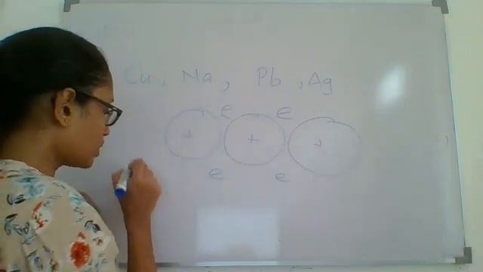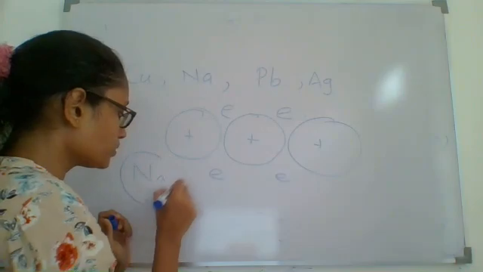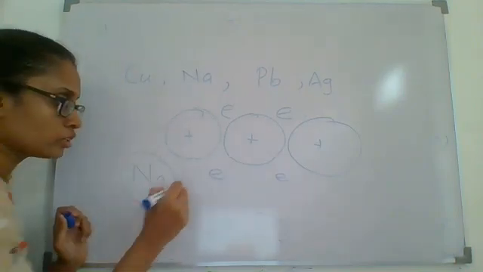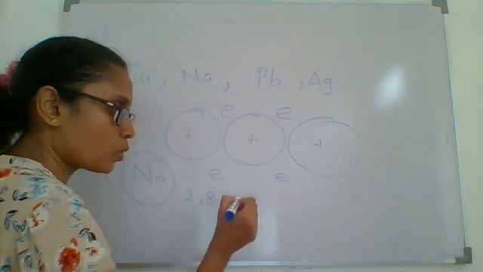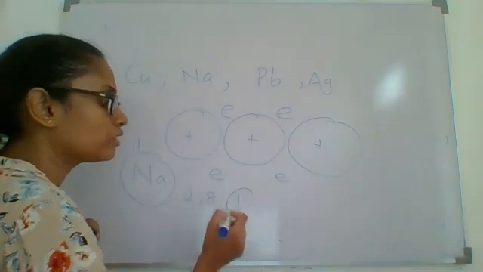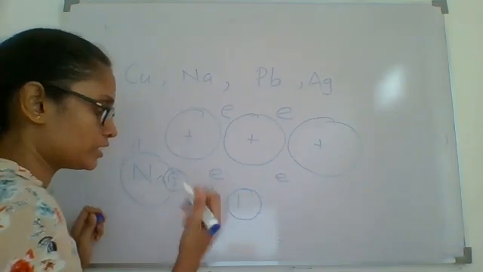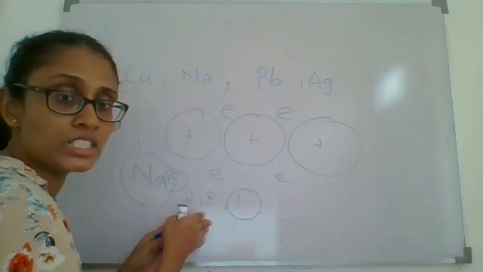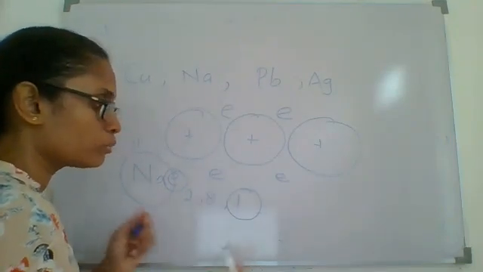So if you take a piece of sodium, right? Sodium is in the first group. You know it's 2, 8, 1. The atomic number is 11. So it tends to remove this electron in order to get the noble gas configuration. So always they try to remove this electron.